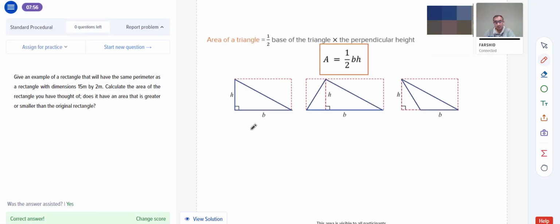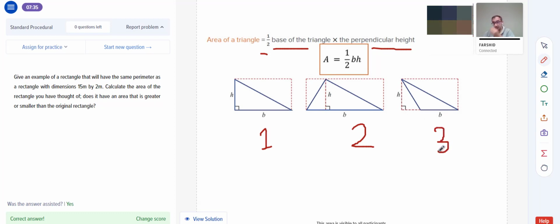As you can see, the area of a triangle is half of the base multiplied by perpendicular height. So the first figure, look at the height, look at the base. The second figure, look at the perpendicular height and also the base.